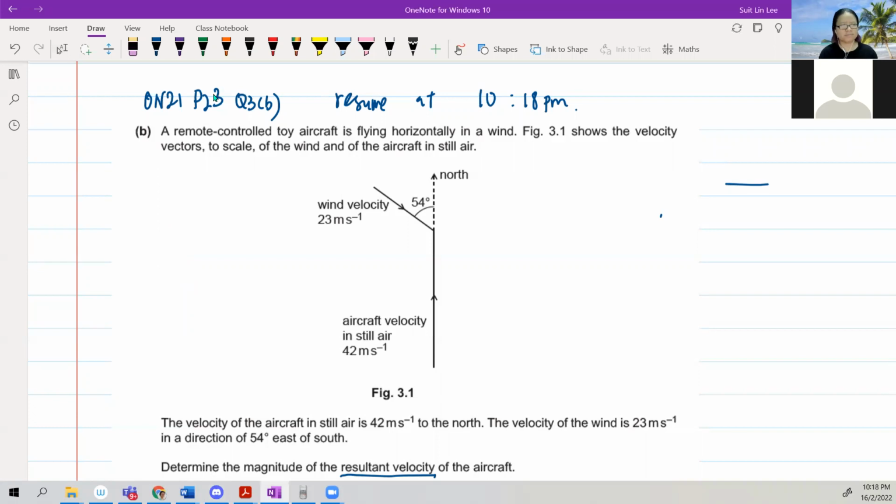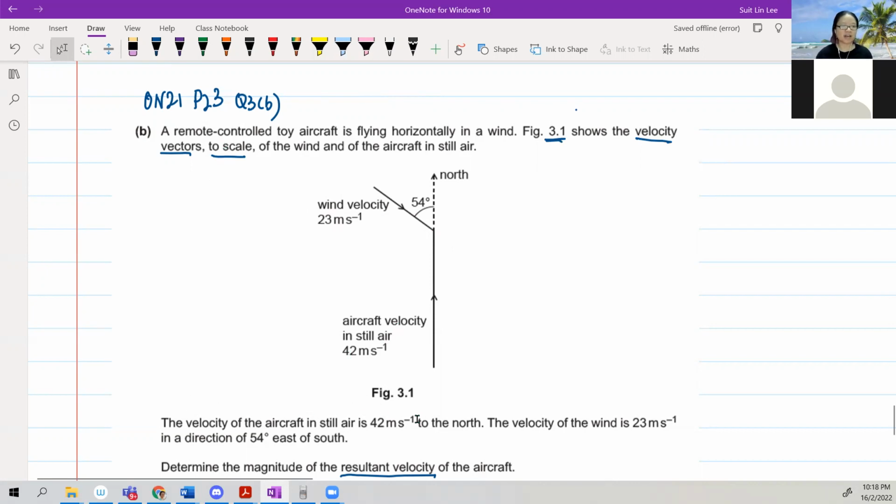Hey, let's check your answers, or let's do this together. So this one says that there is a remote control toy aircraft flying horizontally in the wind. Figure 3.1 shows the velocity vectors to scale, meaning if you actually take your ruler and measure, and we didn't stretch the diagram, the length here will correspond with 23, and the vertical length will correspond to 42.